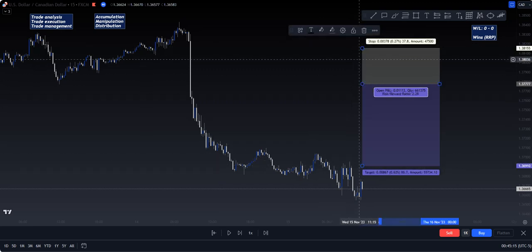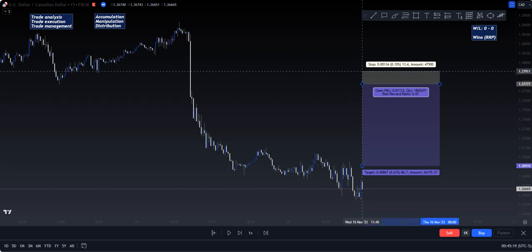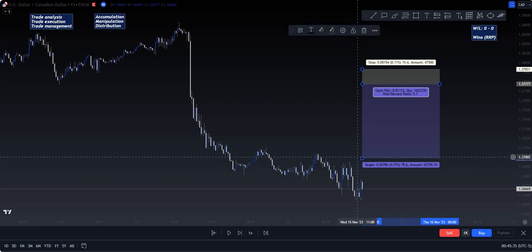Risk to reward points are the equivalent of what you're risking. If you're risking $100, your RRP is 100. So if you lose 1 point, you lost $100. If you gain 5 points, you gain $500. So what's your RRP? That would be 100, for example.